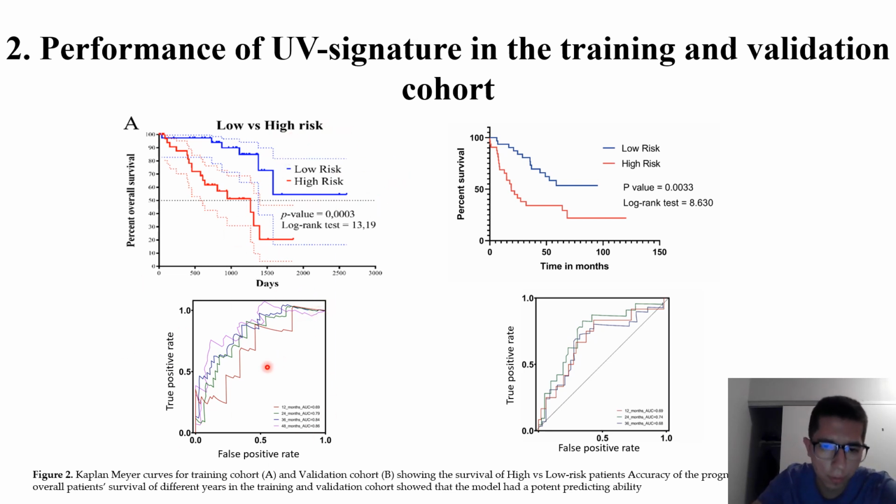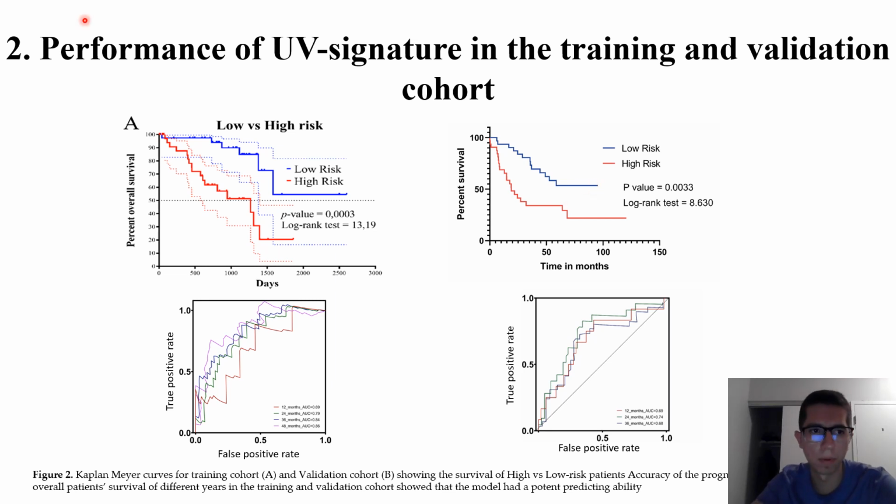In the ROC curve, for the 4-year estimate, the area under the curve is 0.86, which is really good. This is the validation cohort, and we see that the low risk patients also live longer here, and the area under the curve for 2 years is 0.74, which is lower, but let's remember that for this one the outcome is metastasis-free survival and not overall survival.